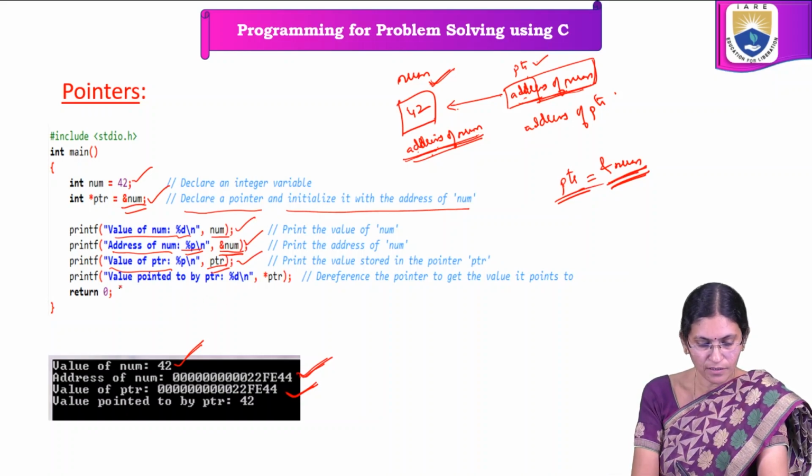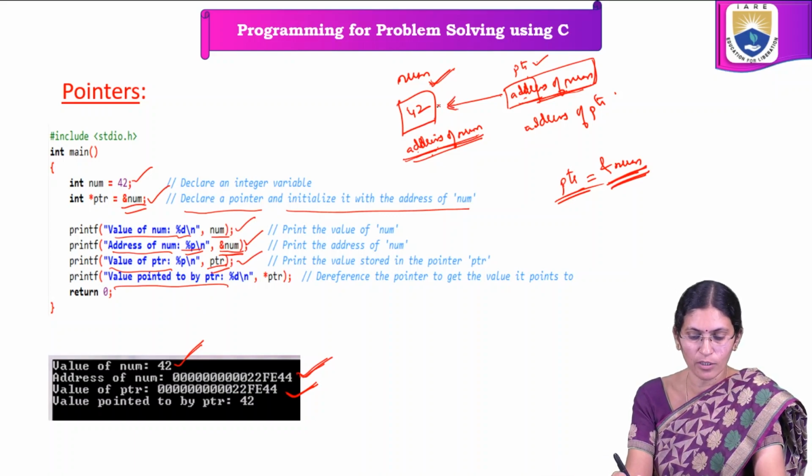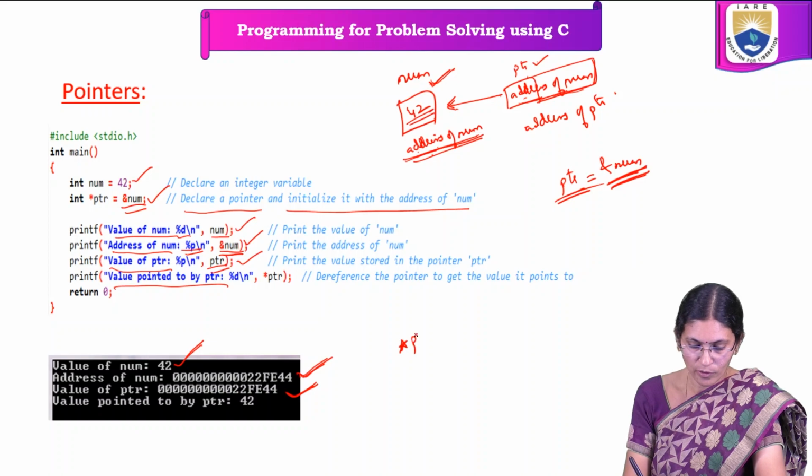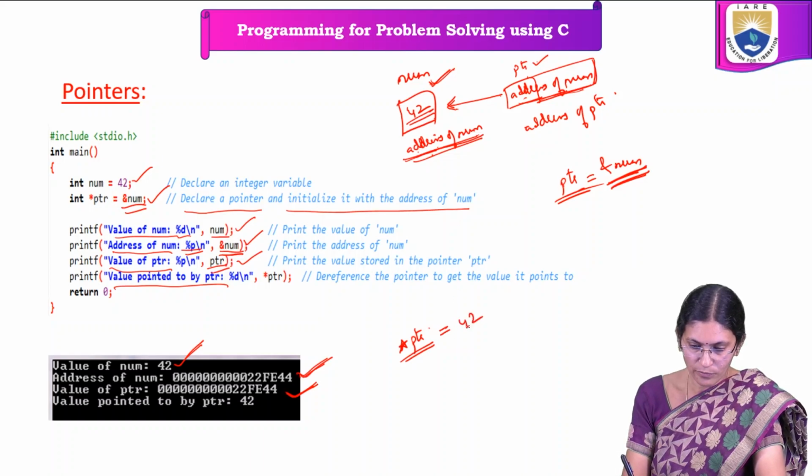Then in the last line, value pointed to by ptr. We can also access the contents of this variable num by using the dereferencing operator, that is called star, followed by the pointer name. So *ptr will give num value 42.